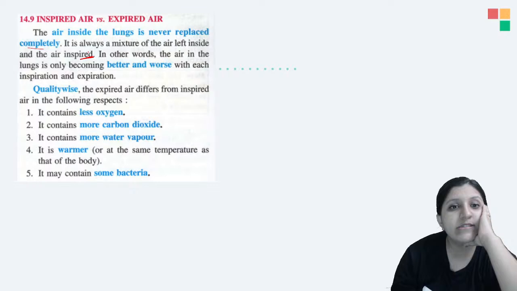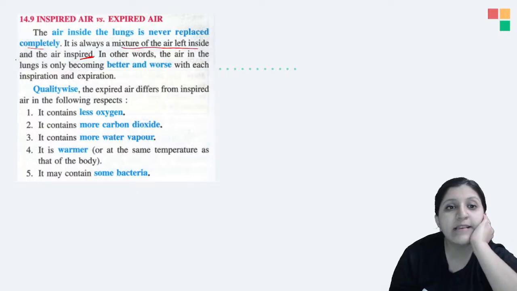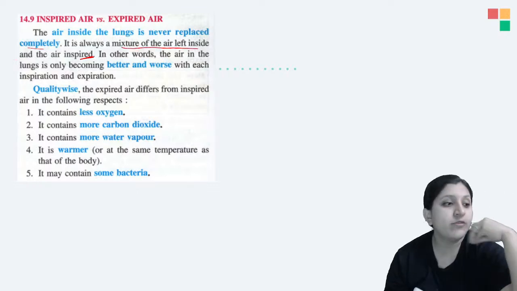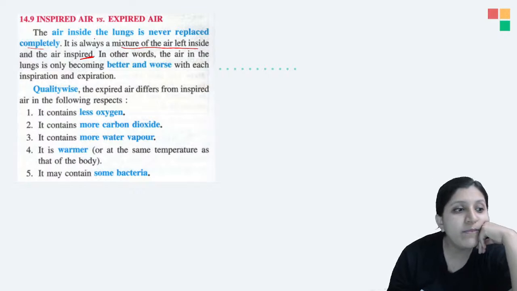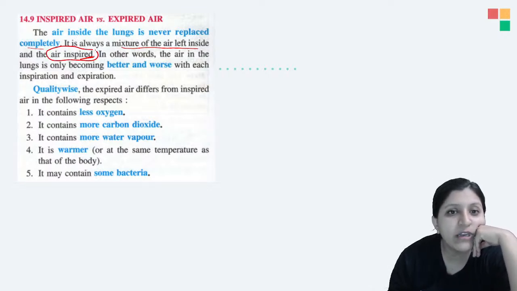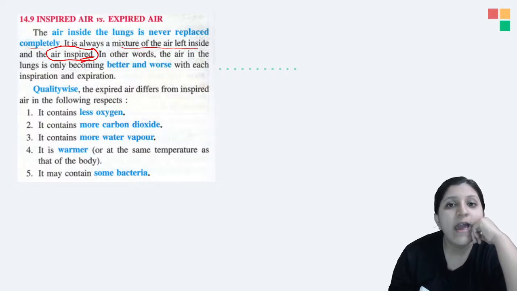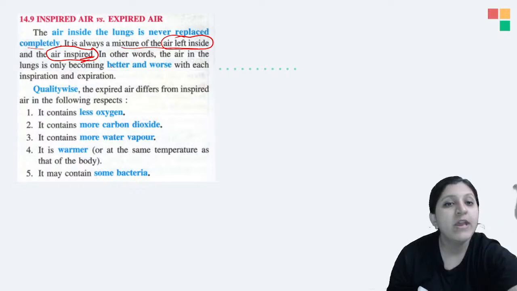So it is always a mixture of the air that is left inside, and the air that you inspire. So the air which you have inspired, and also the air which was left inside, both of these together give us this inspired air.